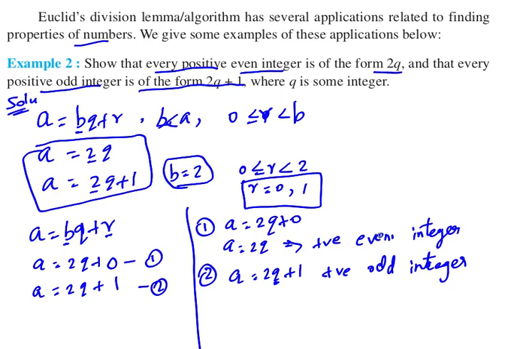It is a positive even integer because for any quotient it is multiplied by 2, so definitely we get an even integer. In the second case, for any quotient, multiples of 2 and always we are adding 1, so definitely this a becomes a positive odd integer. So every positive odd integer is of the form 2q plus 1 and every positive even integer is of the form 2q. This we have proved.